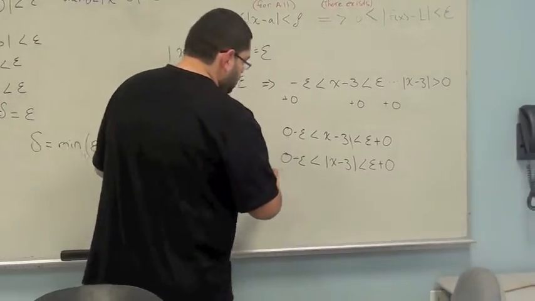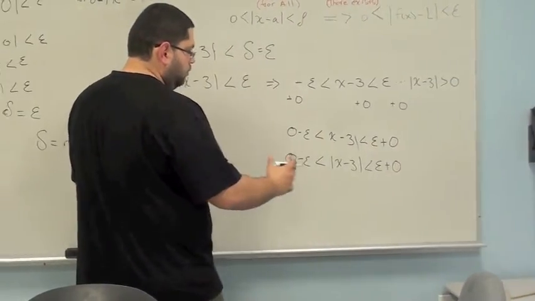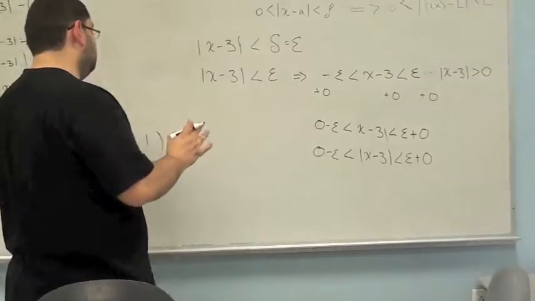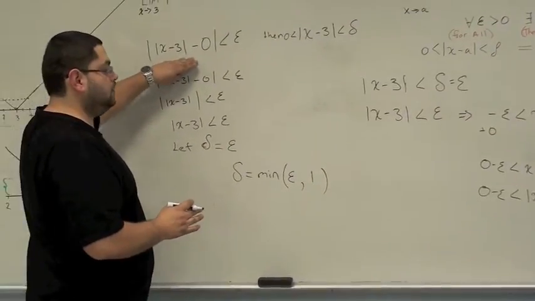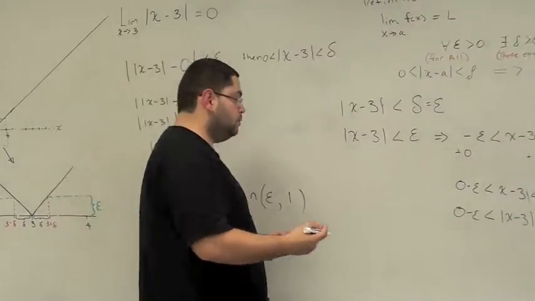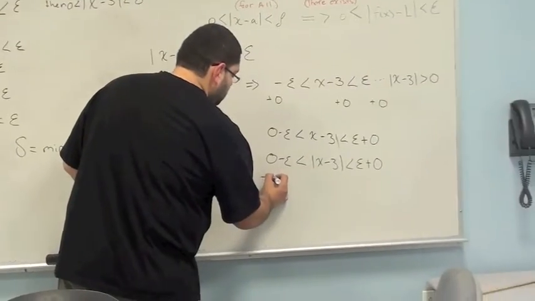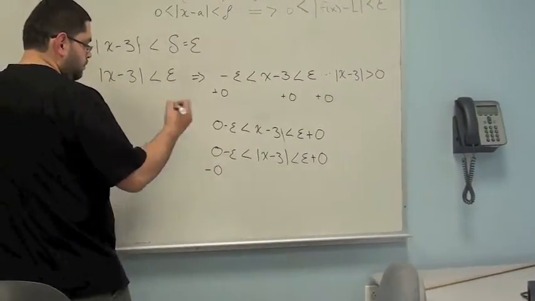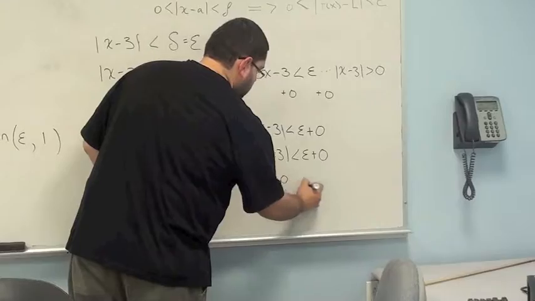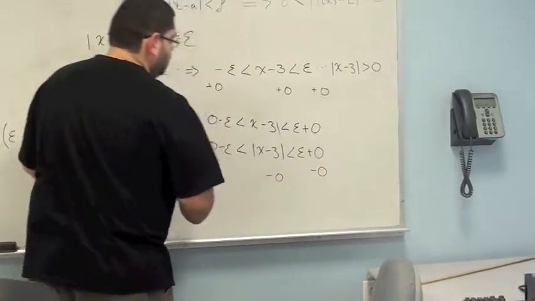Now, we want to make this as close as possible to where we started. So now I'm going to subtract the 0 from everywhere. Right?